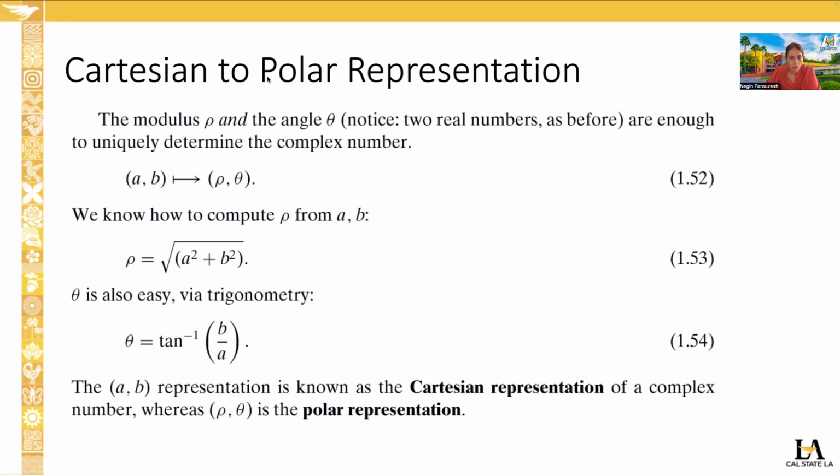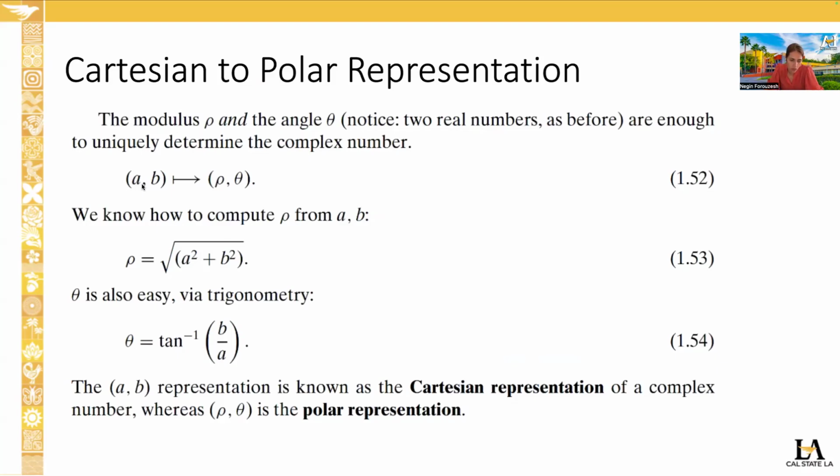Whereas when we are in the polar representation, we are dealing with rho, which is the length of that vector or modulus of that complex number. We call it rho, and theta, which is the angle between that vector and the x-axis. Okay.